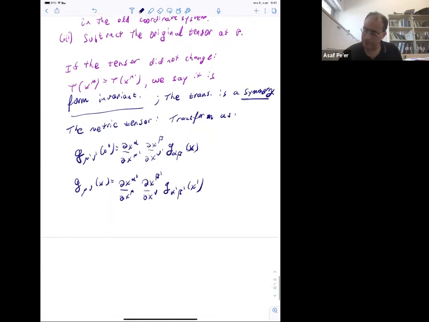Now the assumption of form invariance, right? G mu nu is form invariant. That's the assumption. Right? That means that G alpha prime beta prime of x prime is just G alpha beta of x prime.